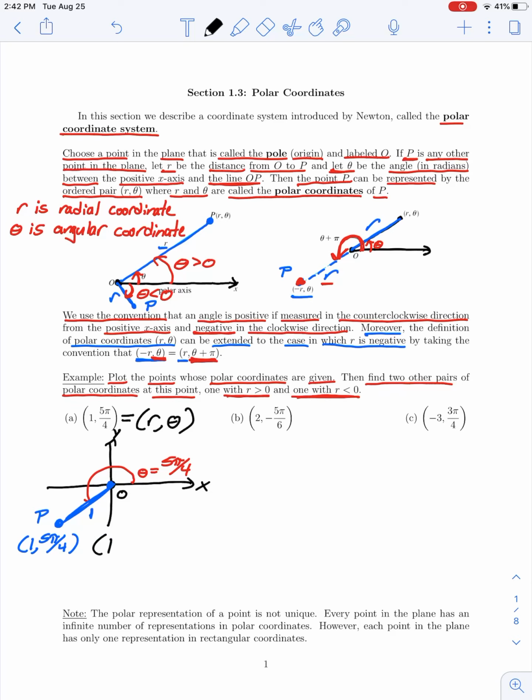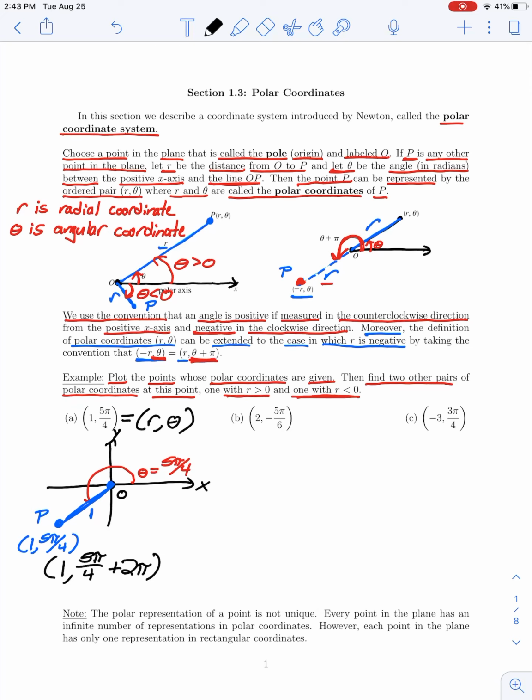Another way to get a polar coordinate that represents the same point with a positive r value would be to use the same value for r that I'm given here, 1, and for my angular coordinate, which was 5 pi over 4, I could either add or subtract 2 pi, or any integer multiple of 2 pi.